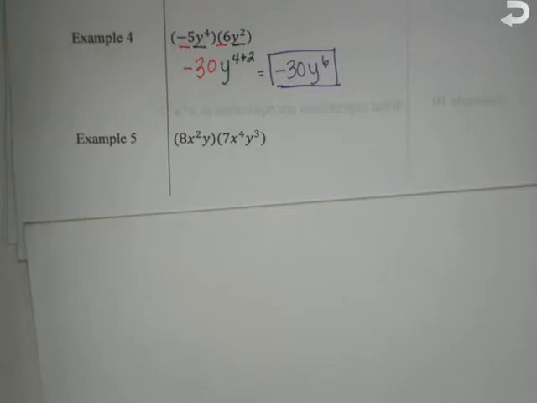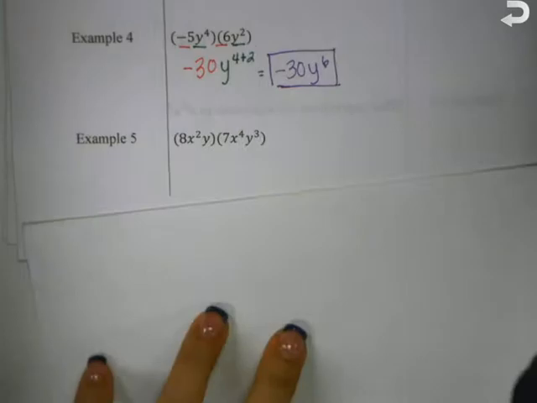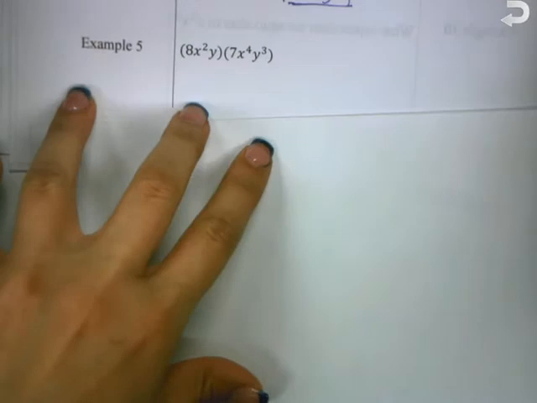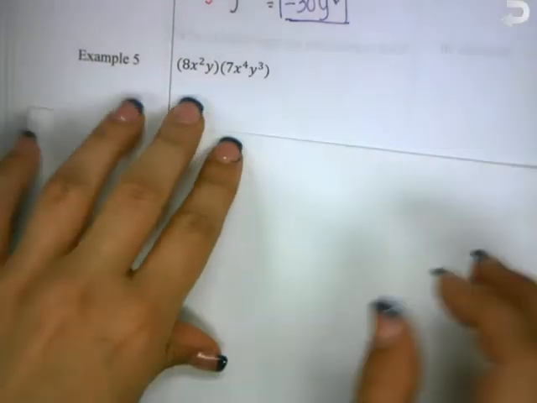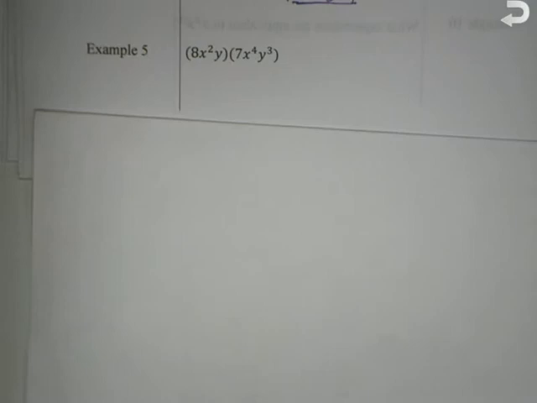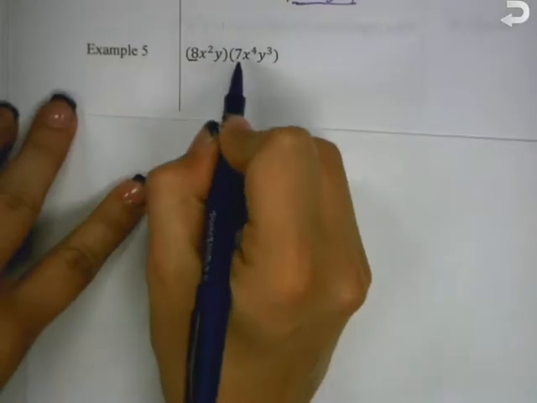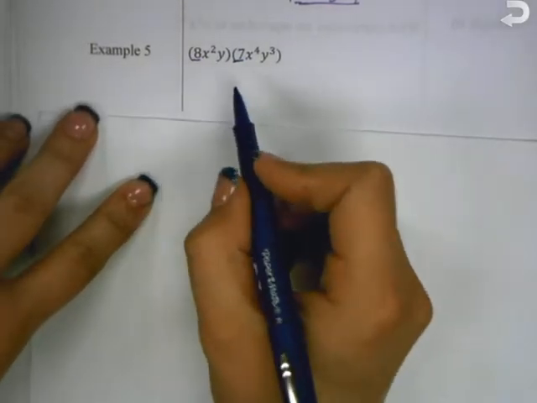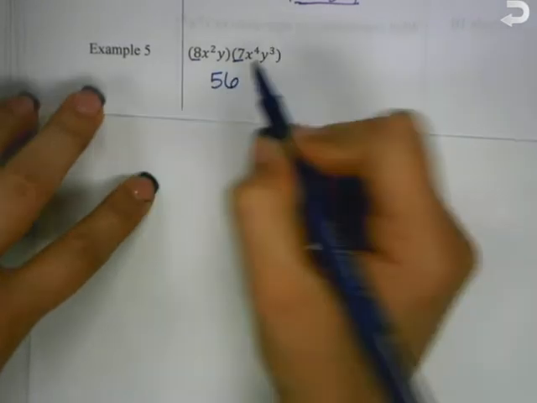Just like Ellen said, what if there's more than one base? We can only multiply the bases that are the same. So what two things are we going to multiply together? We have 8 times 7, right? So what's 8 times 7? 56. And then we have x squared and x to the 4th. So what's that going to give me? X to the 2 plus 4.